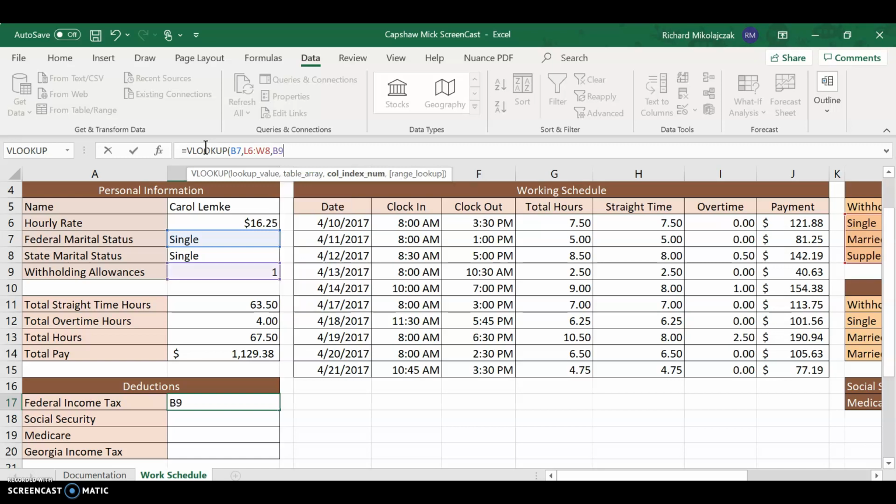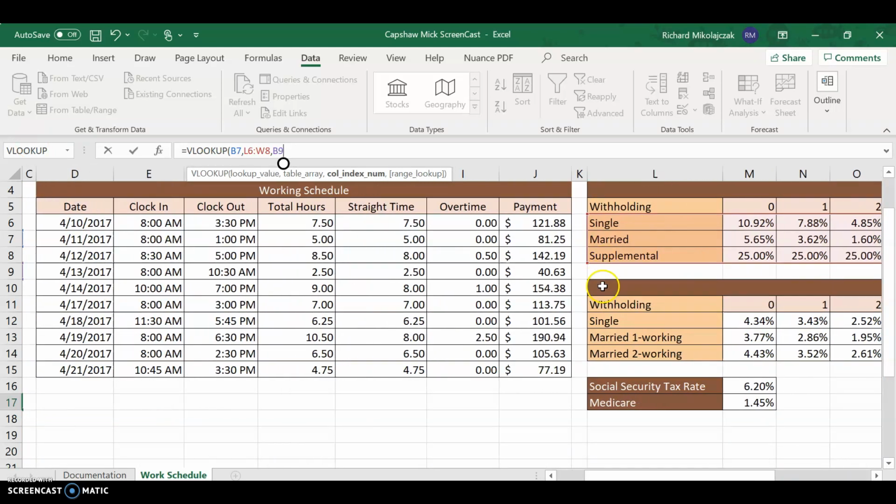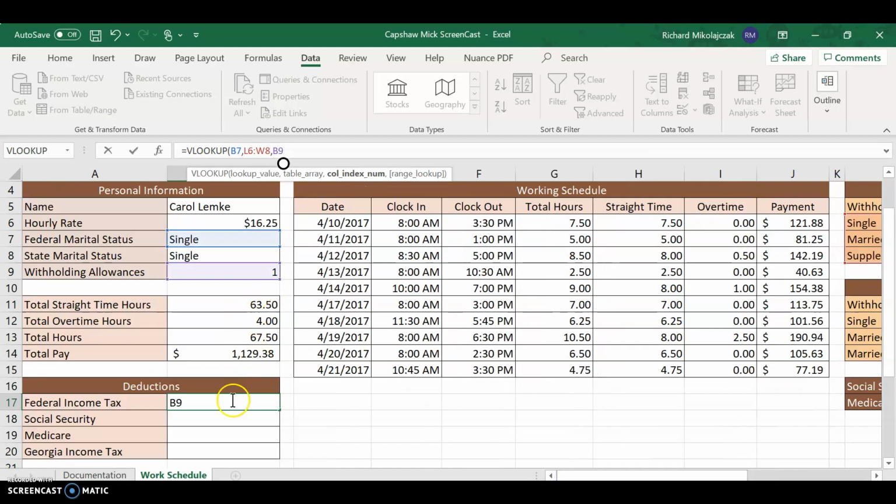Here, B9 is your withholding allowance. If you look, it's going to be your single at, since we're using column 1 here, it will be column 1 plus 2 in this instance.